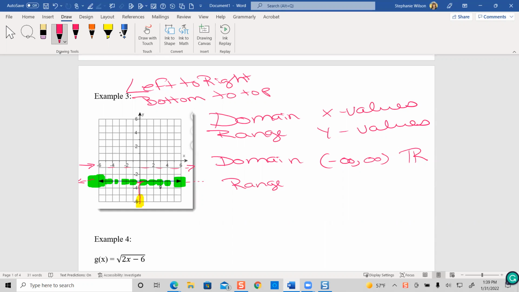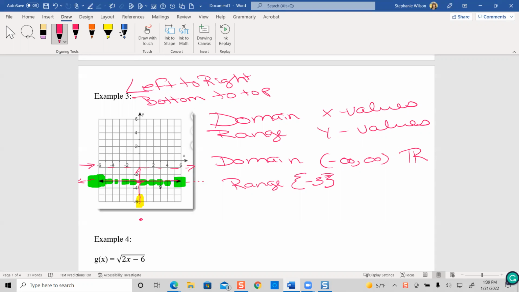I would put a bracket on it if it had a closed circle there. But in this case, it's a solid line. What does it tell me? I can't go any further up. It's just staying right there. So it's not a bracket, it's a brace, and it's going to be at -3. This tells me that this range is happening only at -3.